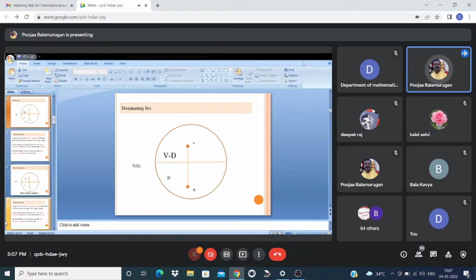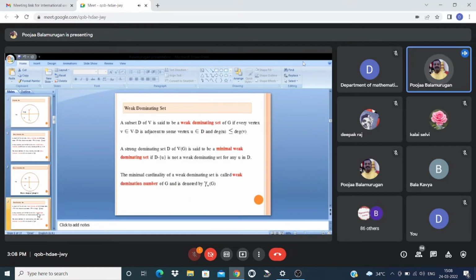The vertex set V of G can be partitioned into two sets, and one of them is a dominating set. So for every v in V minus D, there exists u in D such that u and v are adjacent, then it is called a dominating set. So this is the definition of the dominating set.